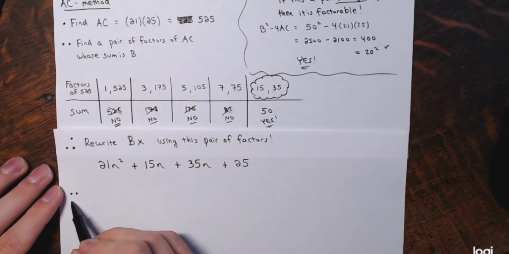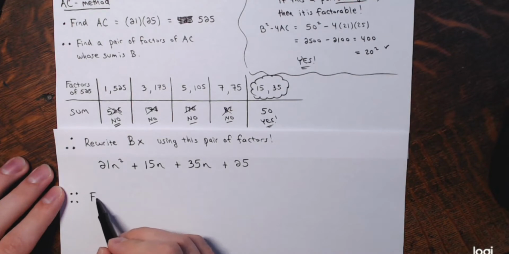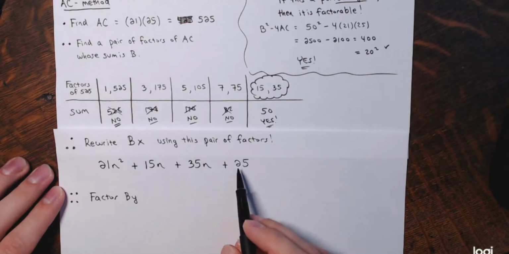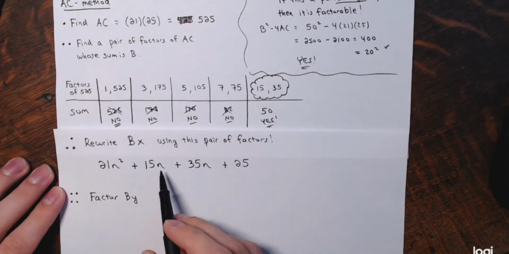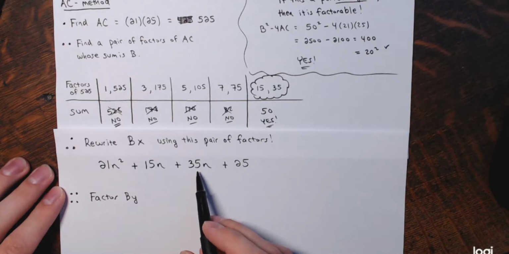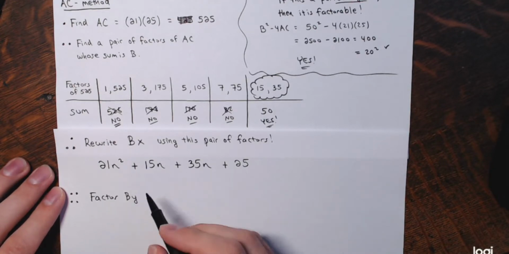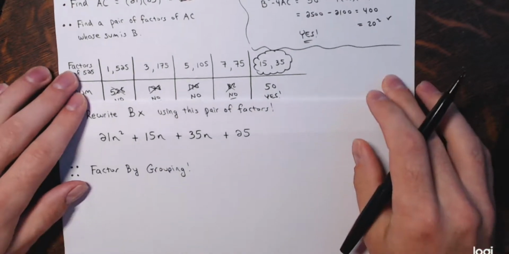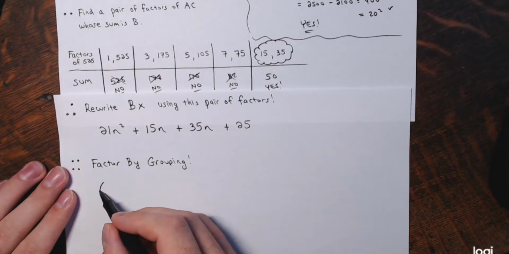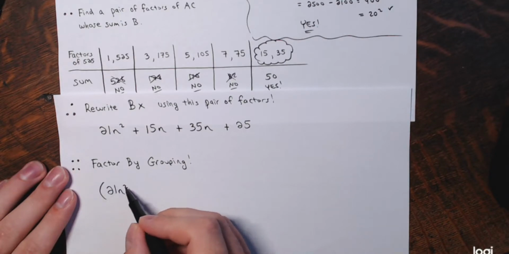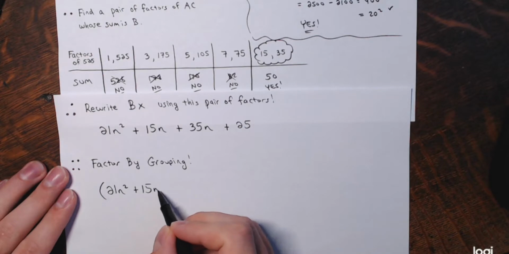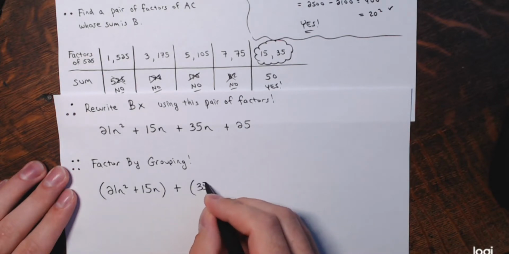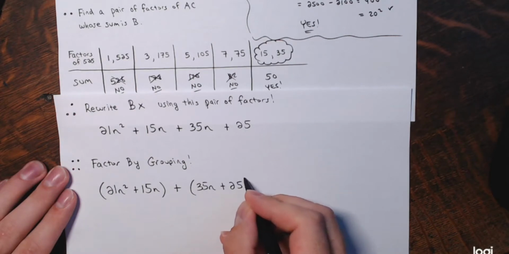After rewriting that middle term, factor by grouping. Breaking that middle term up into 2 terms makes it a 4-term polynomial, and then you can try factoring by grouping. As before, the first group has 21n squared plus 15n, plus the second group has 35n plus 25.